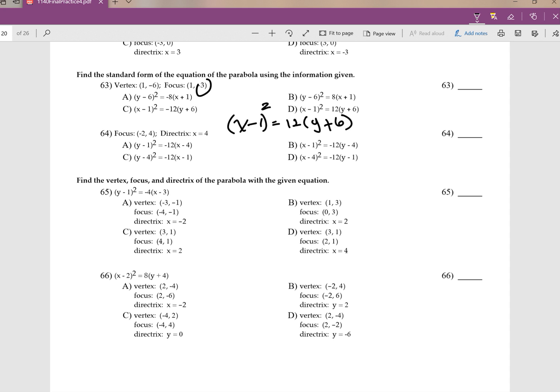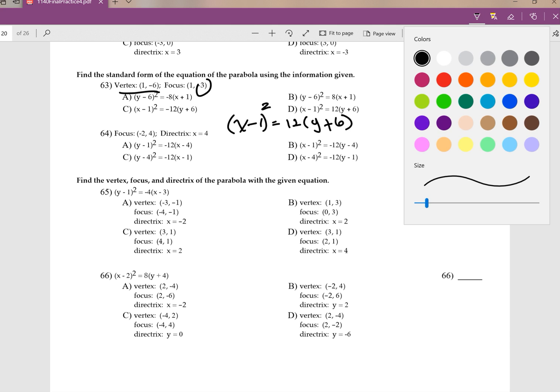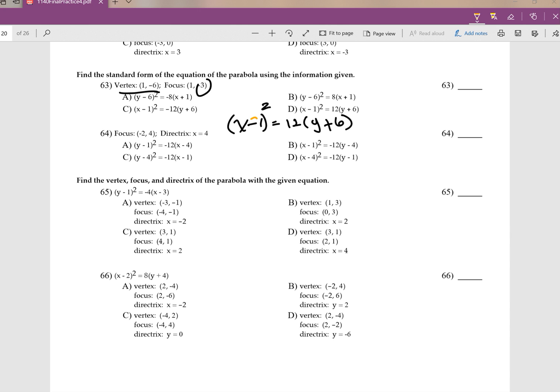I'm getting the y plus 6 from the vertex. Remember, they're always opposites. That's where these two values come from, and this value comes from here.